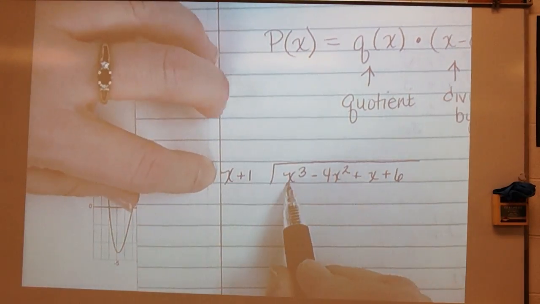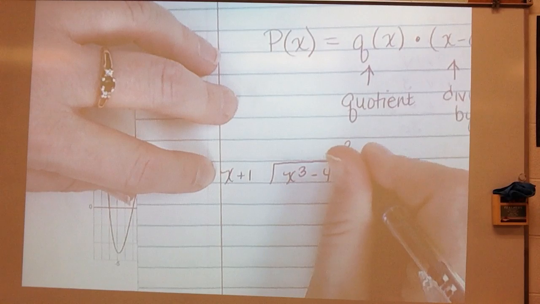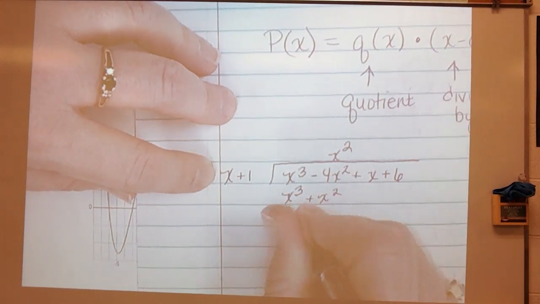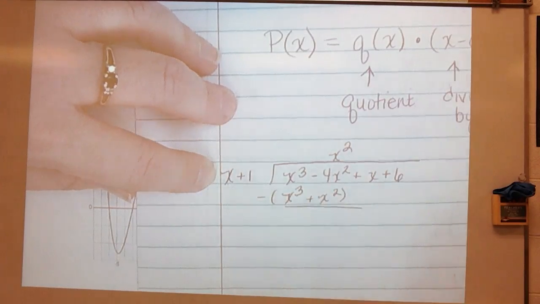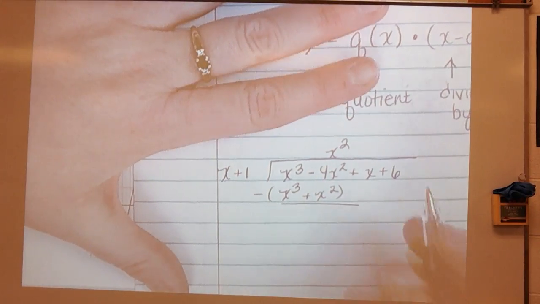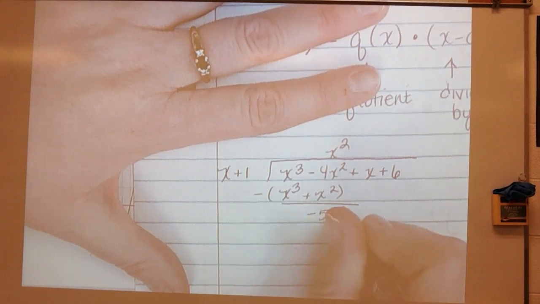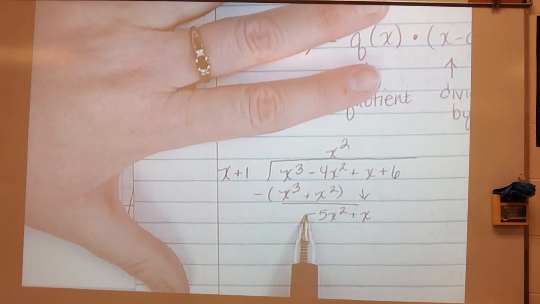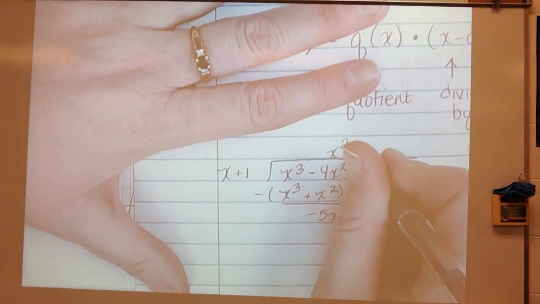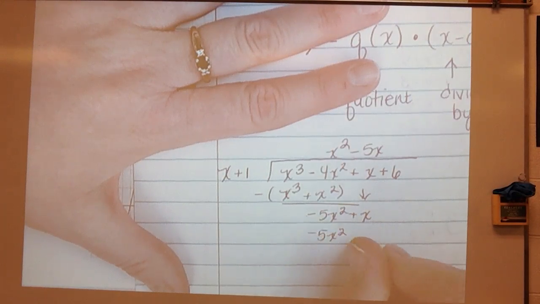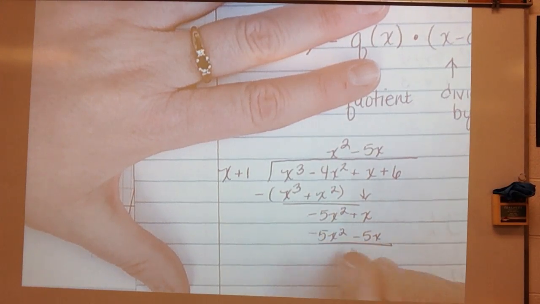Alright, so x goes into x cubed, x squared times. So I have x cubed plus x squared. Subtract all of that. -4 minus x squared would be -5x squared plus x. X goes into -5x squared, -5x times. So -5x squared minus 5x. Subtract.